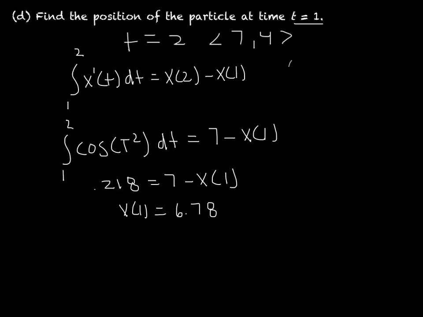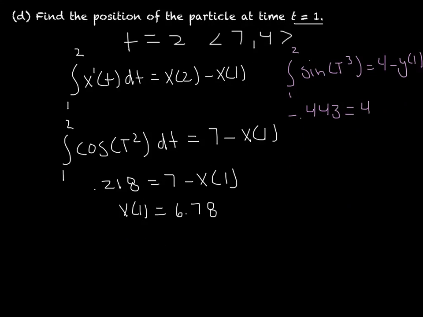All right, now we're going to do the exact same thing with the y's. We're going to integrate from 1 to 2 y prime of t, and y prime of t is sine of t cubed. And that's going to equal the y value at 2, which is 4, minus the y value at 1, which we're looking for. You integrate from 1 to 2 of sine of t cubed, and you will get negative 0.443.